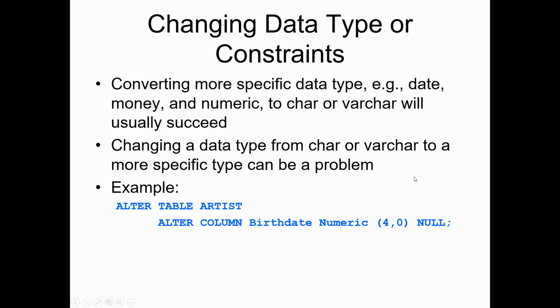Converting to a more specific data type, for example date, money, and numeric, from char or varchar will usually be easy and succeed with no problems. But changing a data type from char or varchar to a more specific type can be a problem.